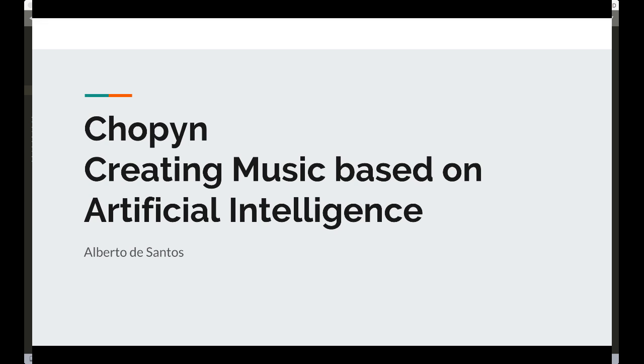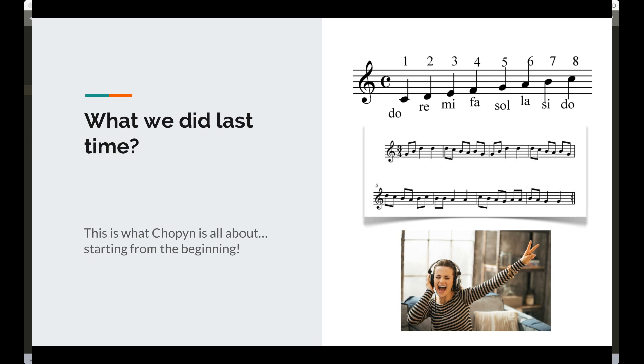Okay, so what we did last week was a very simple but very crucial task, which is first of all we defined what is a musical note. We defined the different types of notes with four properties, which are the pitch, the duration, the intensity, and also the timbre.